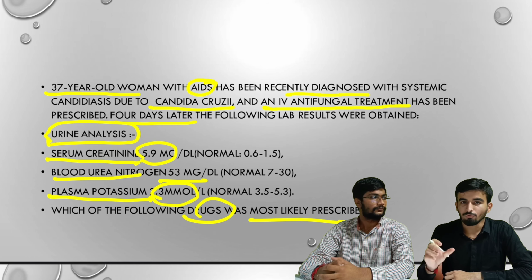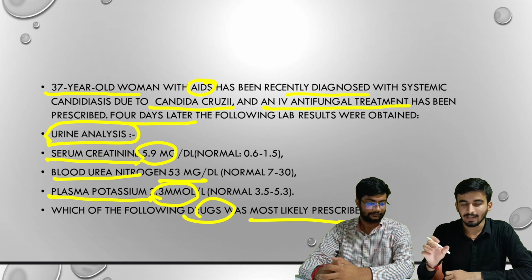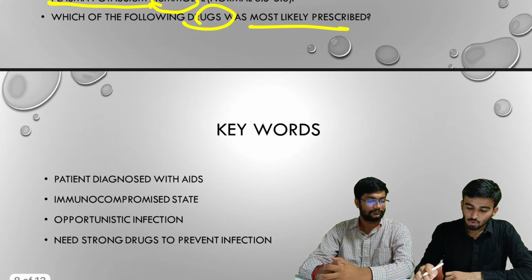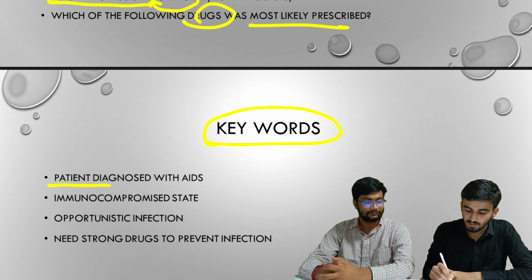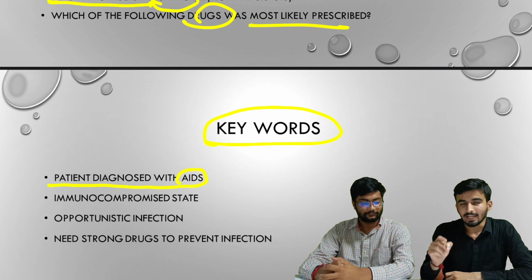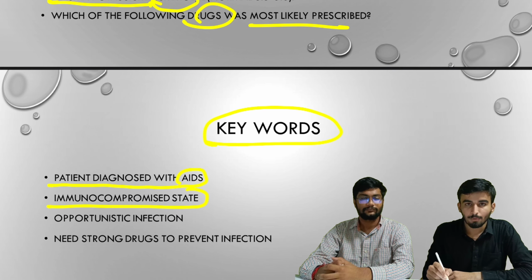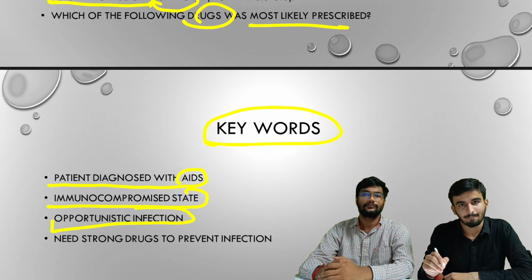So let's try to find the keywords from this question, reach the diagnosis, and find out the most likely drug for this patient. As you know, the clinical question mentions the patient is diagnosed with AIDS, which is an immunocompromised state, and the patient develops opportunistic infections from Candida.